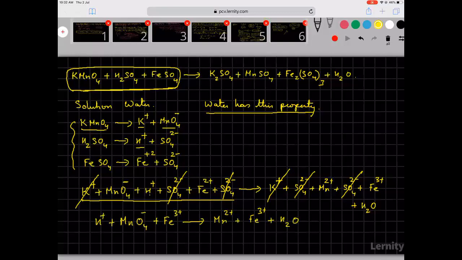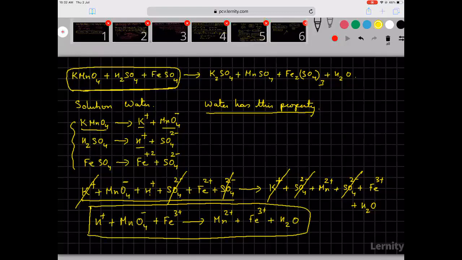Now such a reaction which has only those species which change their character as the reaction proceeds is called an ionic equation. This is an ionic equation representing redox. What did I do? I removed those ions which are in the same form on the left side and right side.